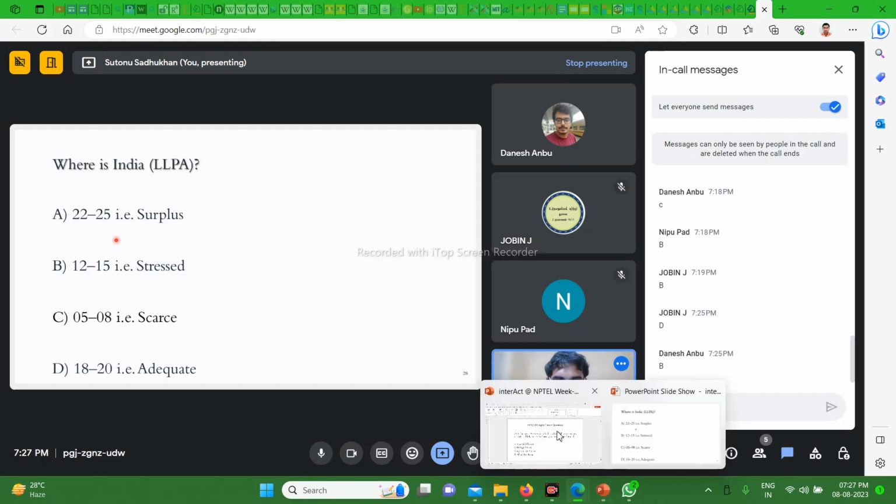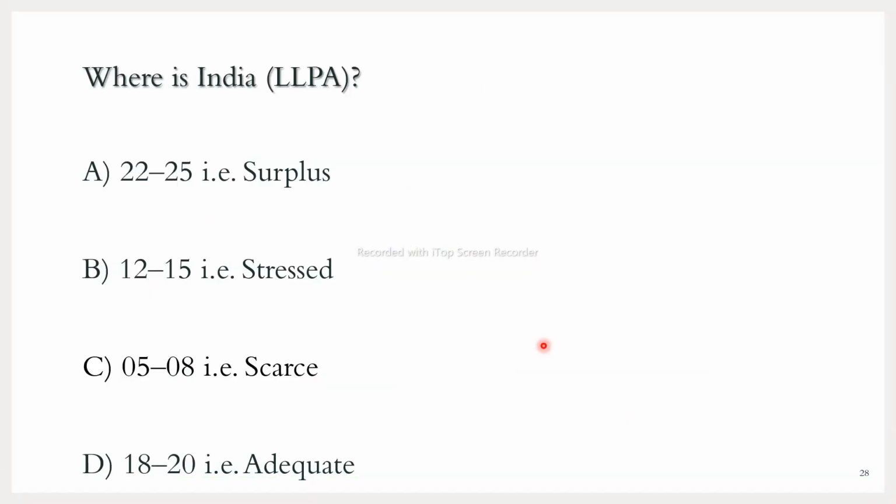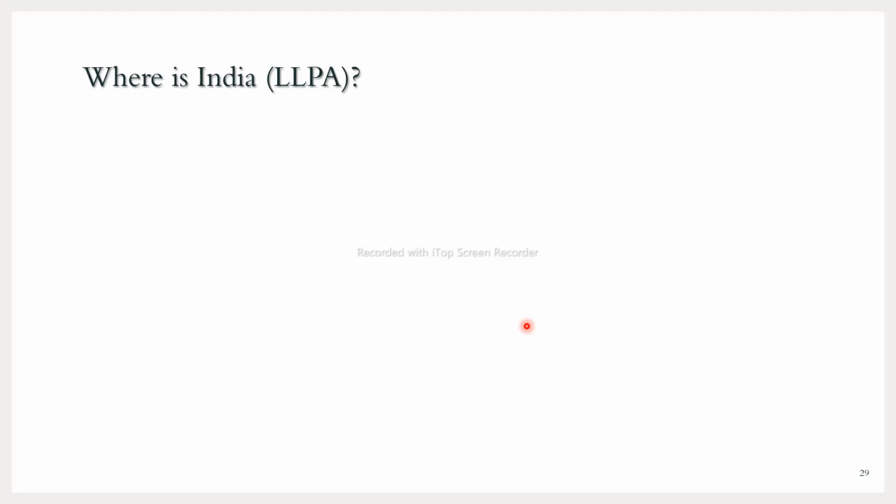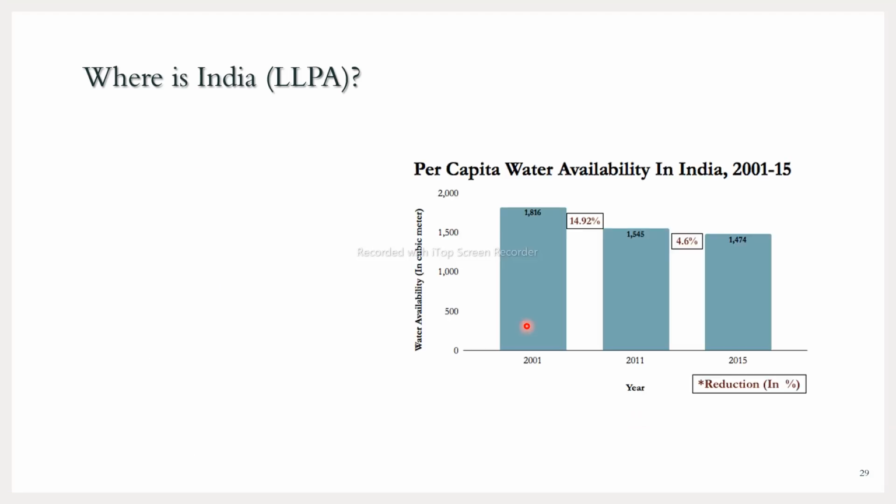So what is the situation of India? If we see the per capita water availability in India from 2001 to 2015 in cubic meter units, or in LLP units, in 2001 it was 18 LLPA.